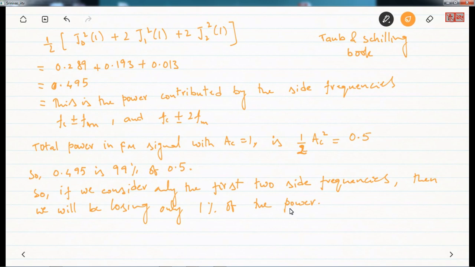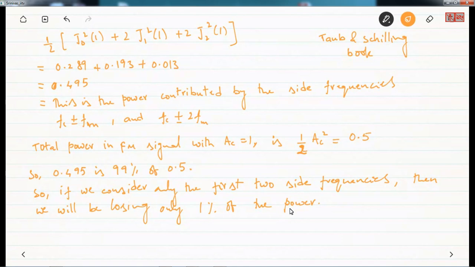So instead of transmitting the infinite bandwidth, if we transmit only bandwidth up to two side frequencies, that means we are transmitting 99% of the power contained in the FM signal, and the distortion by losing that 1% of power is negligible.